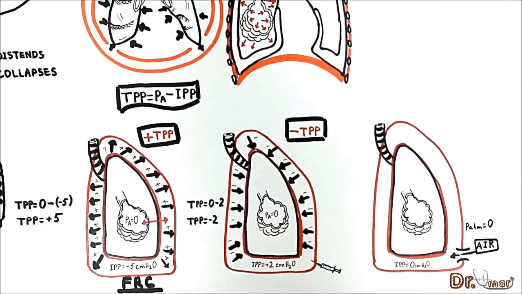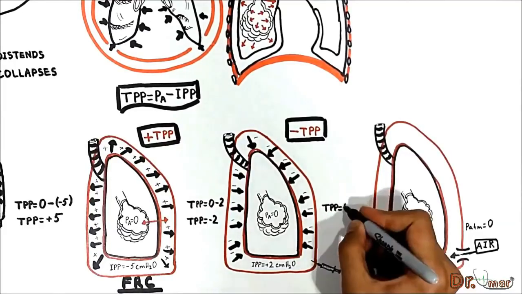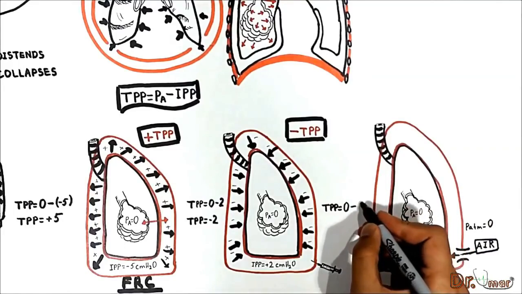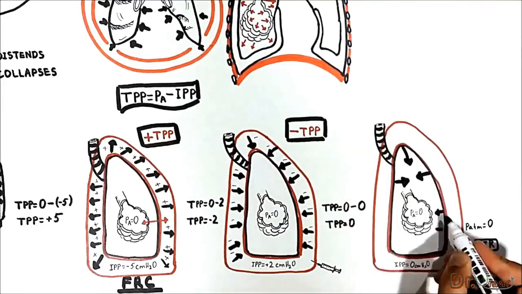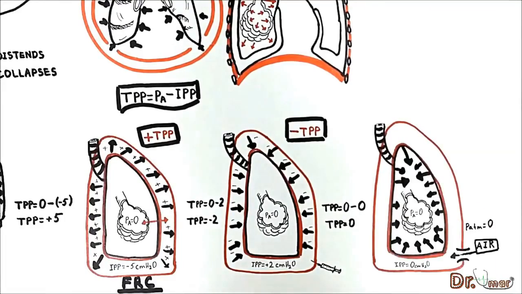If you calculate the transpulmonary pressure in this lung, it will be alveolar pressure, which is 0, minus pleural pressure, which is also 0, and we get 0. The alveolar pressure and intrapleural pressure become equal. In this situation, there would be no pressure holding the lung open and it would collapse.